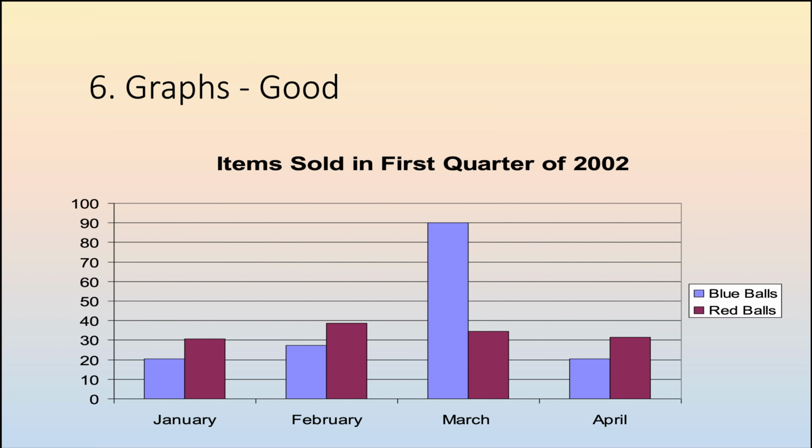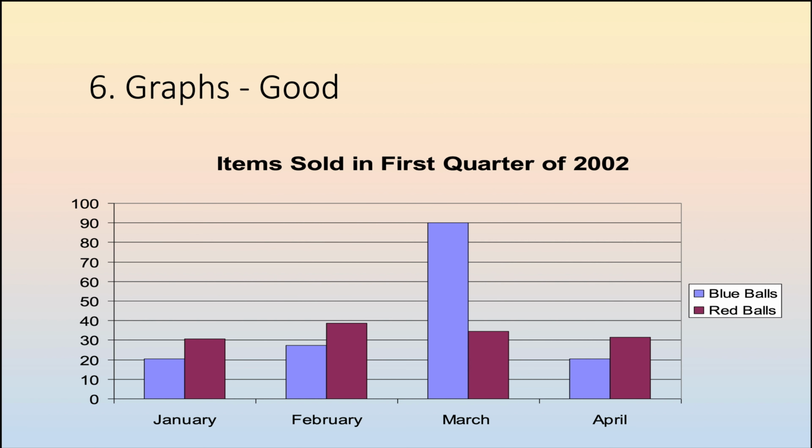Instead, if we use a bar chart here, that's very easy for an eye to understand that something better happened for the sales of blue balls in March compared to other months, or that in particularly March, the sale of blue balls exceeded red balls largely. So you can get the overall idea from this kind of graphs.